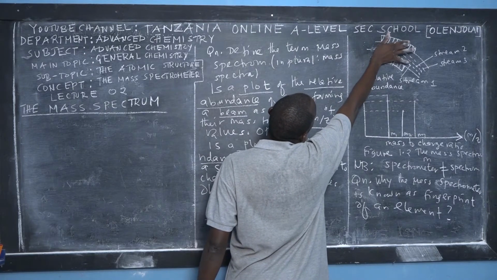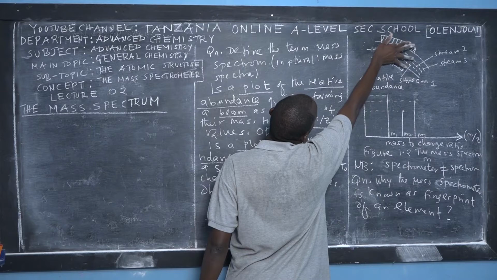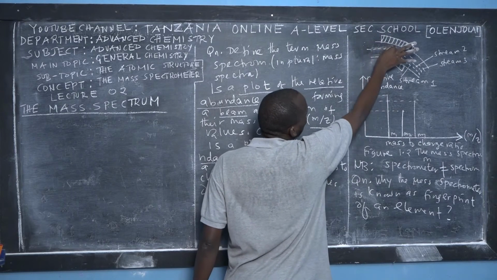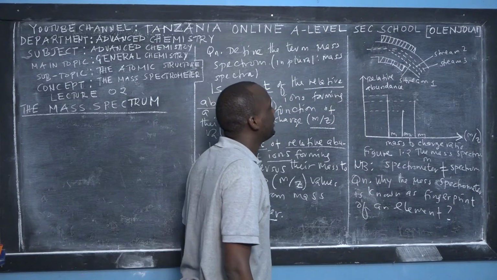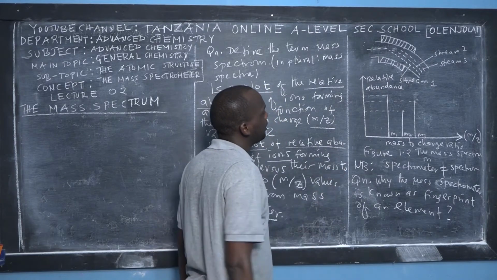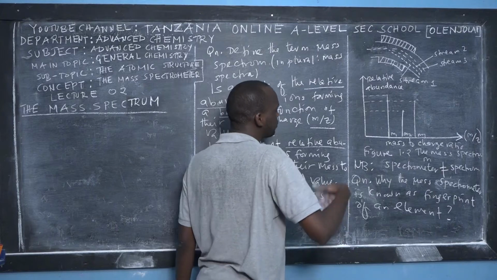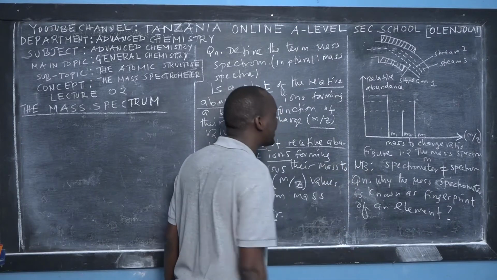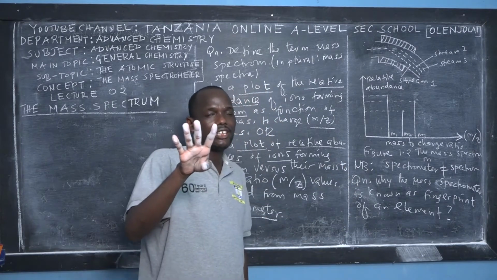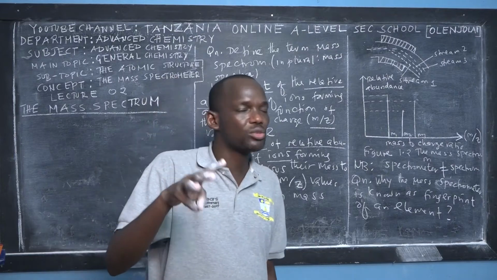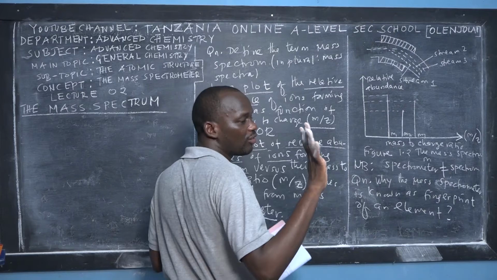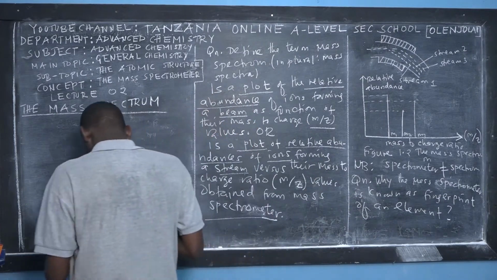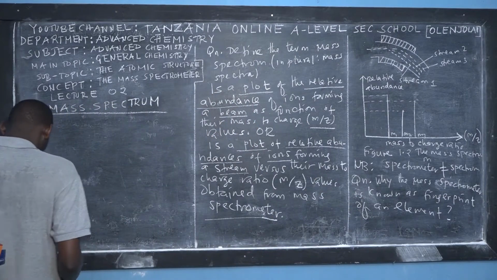If an element has 2 isotopes, then you have 2 streams. It is displaying the result like fingerprints. The streams of an element are like the fingers of my hand. That's the concept.